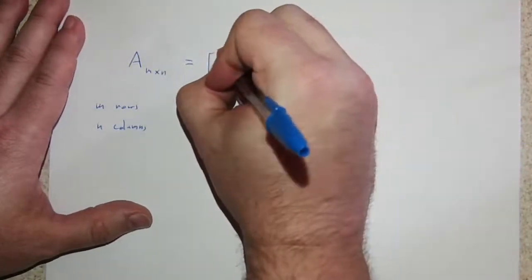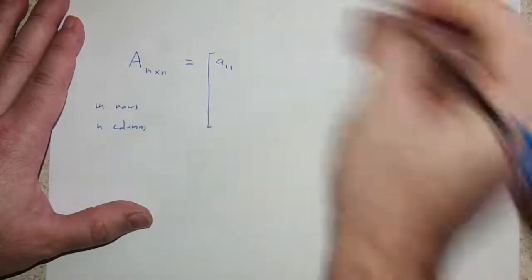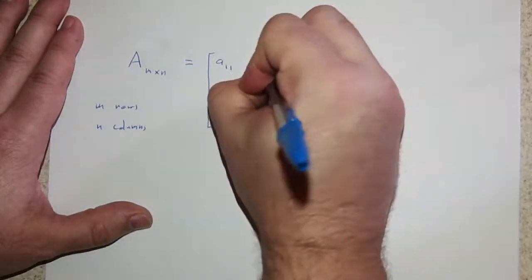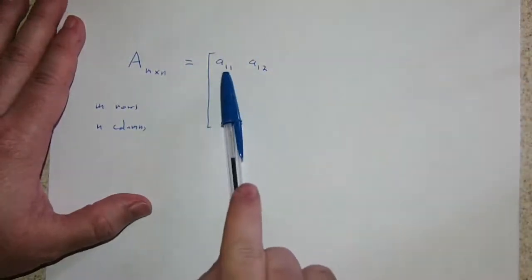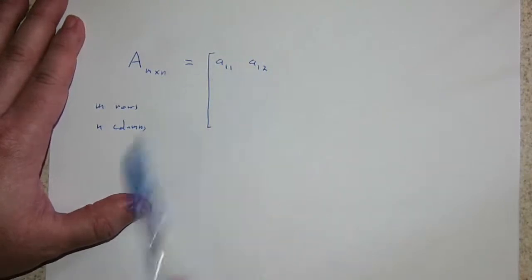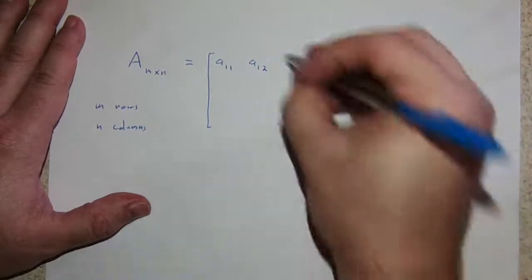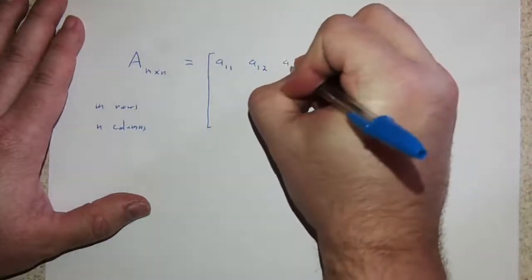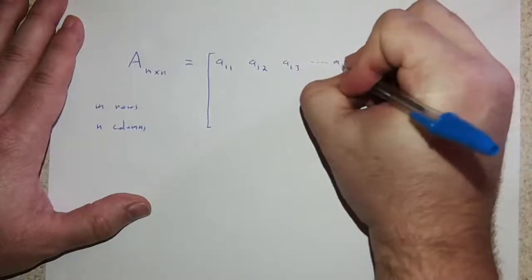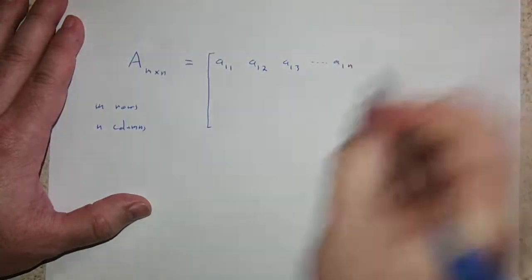This is the entry in the first row, first column. The entry in the first row, second column is A sub 1,2. So this would be A sub 1,1, A sub 1,2. This is not A sub 11 and A sub 12 here. Then in the first row, third column, this would be A sub 1,3, all the way over to A sub 1,n, because there's n columns.